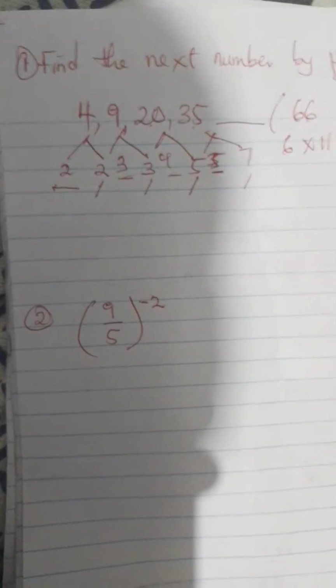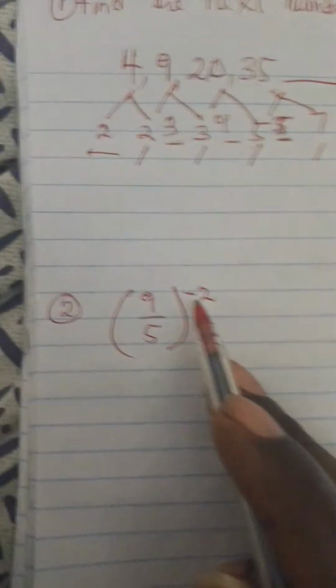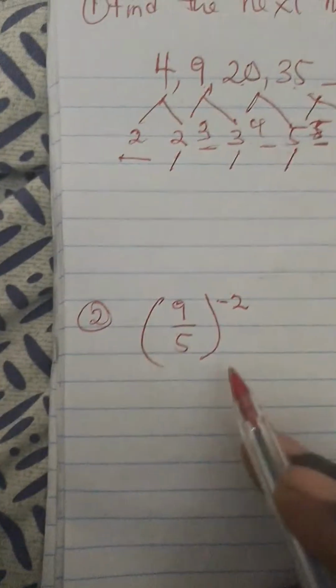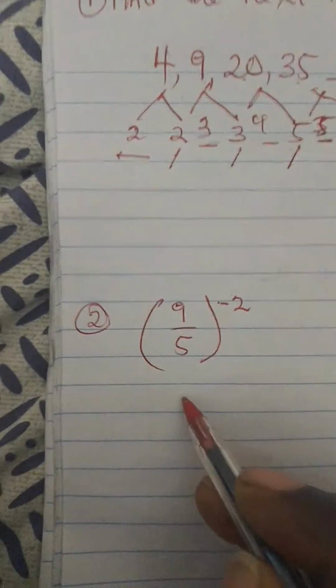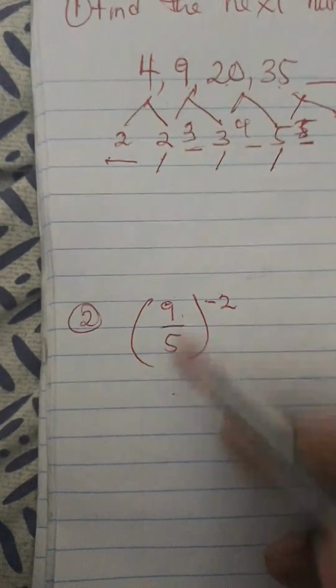Now let's look at the exponential number we have here. We have 9 on 5, so 9 on 5 exponent -2. The first thing is to eradicate the negative. If you want to remove the negative, you have to interchange the numerator and the denominator.